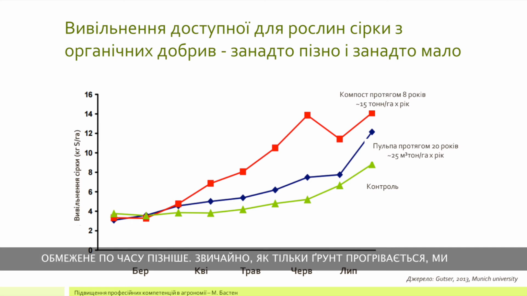Later on, of course, as soon as the soil is warm, we get better release of sulfur from the organic fertilizers, or also from the organic matter in soil.